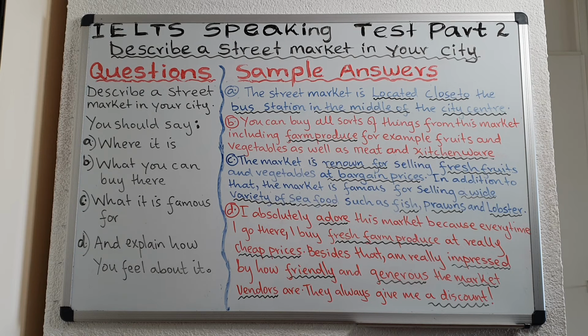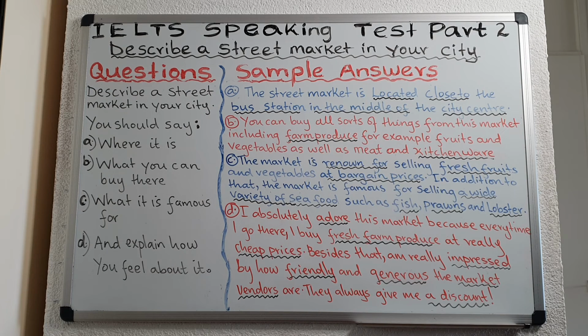Now, how do you improve your fluency? You improve your fluency through practice. And to help you practice, I'm going to read the sample answers for you so that you can repeat after me. And by doing that, you're going to improve your fluency because practice makes perfect.